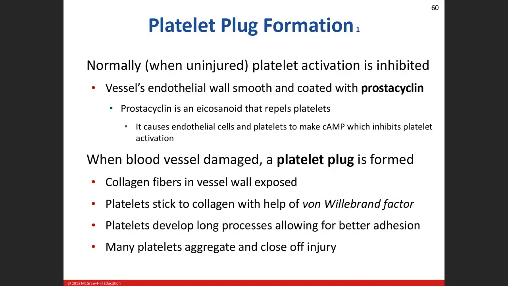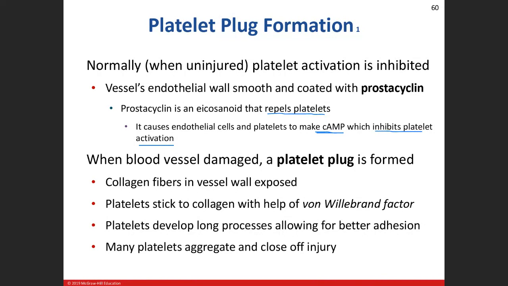And so the platelets will just bounce around, hopefully not too much, and just flow down the blood vessel there. So think of this prostacyclin as just repelling the platelets. Basically how it does that is that it causes the platelets to make cyclic AMP, and the production of that cyclic AMP prevents the platelet from activating itself. Or you could say it inhibits the platelet from activation. So that prostacyclin causes the platelets to produce cyclic AMP.